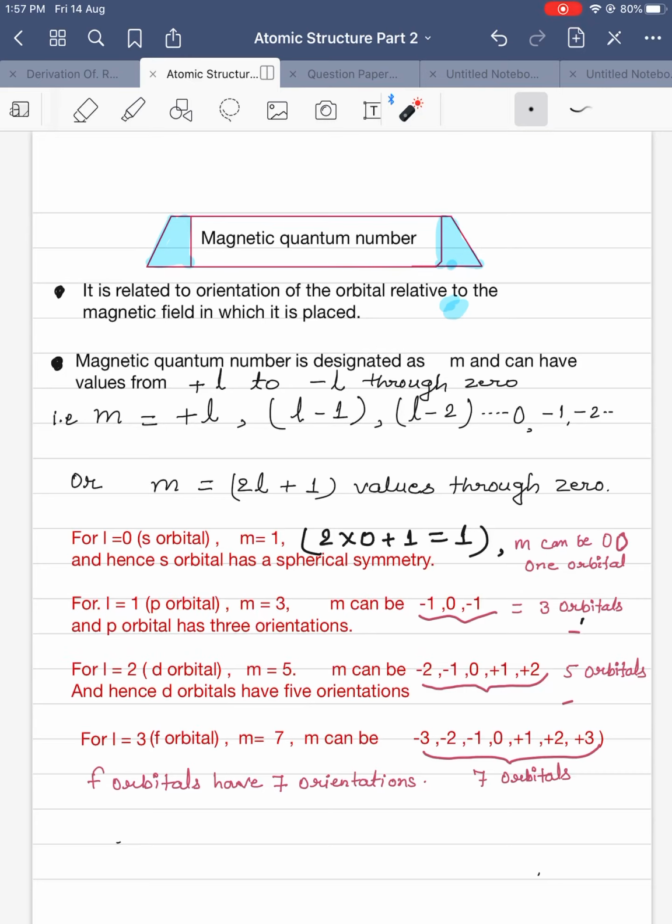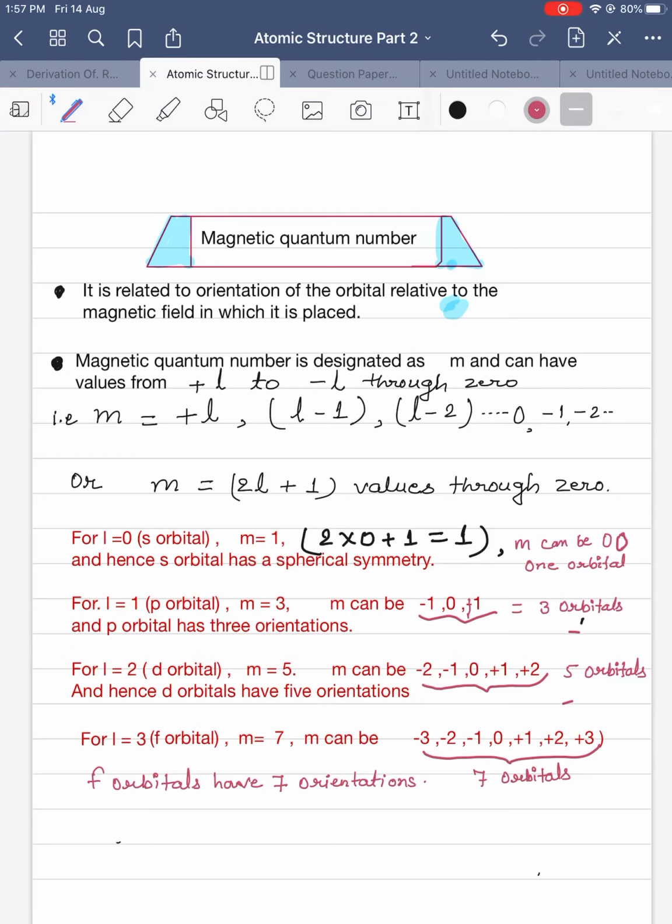For L is equal to 1, it comes under the p orbital, and m has 3 values. m can be -1, 0 and +1. That means it contains 3 orbitals.